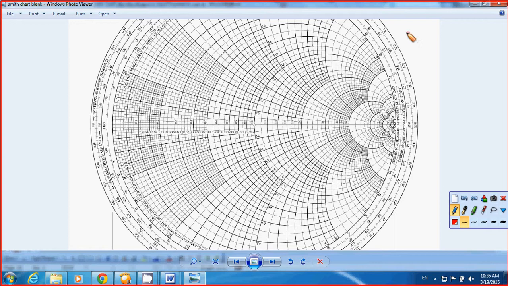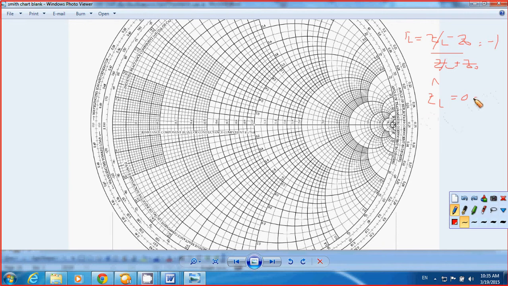Now take a look at the short circuit. Your tau L of your short circuit is ZL minus Z0 over ZL plus Z0, right? When you have the short circuit, ZL is 0, and your reflection coefficient is negative 1. How do we get tau L to be negative 1 from the Smith chart here? Well, you have to find the normalized load impedance, ZL divided by Z0, and ZL becomes 0, so normalized ZL becomes 0.